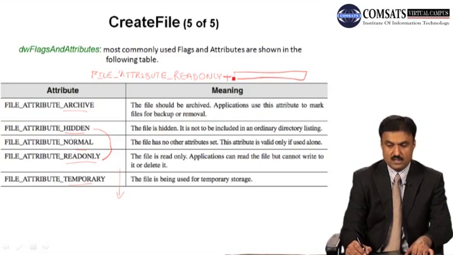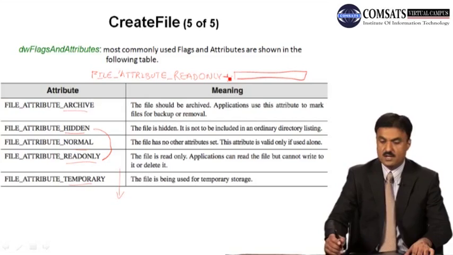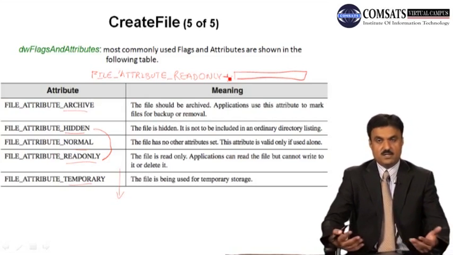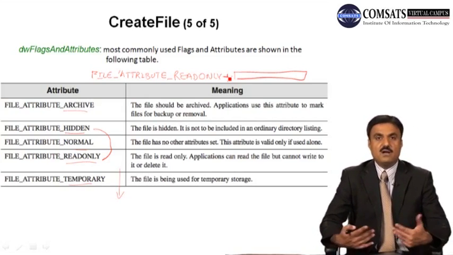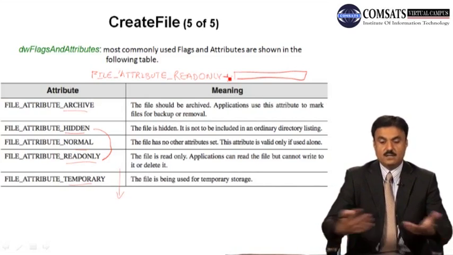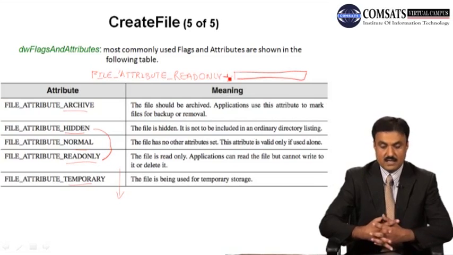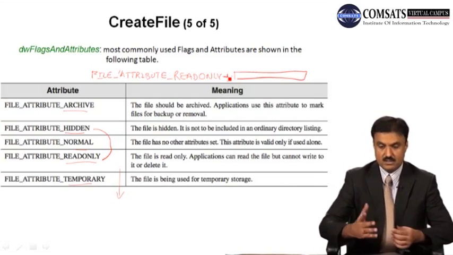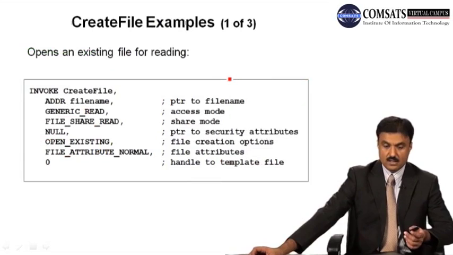So you can use the plus sign. If you want to open a file with reading and writing options both enabled, then you can combine them by using the plus sign. There are other methods also, but this is the most convenient one.